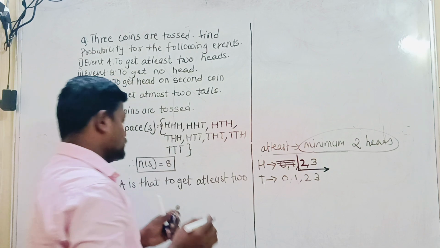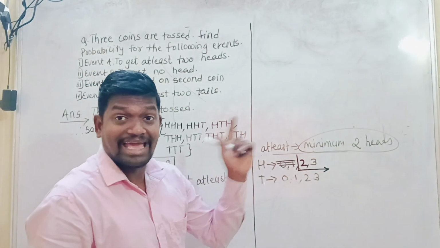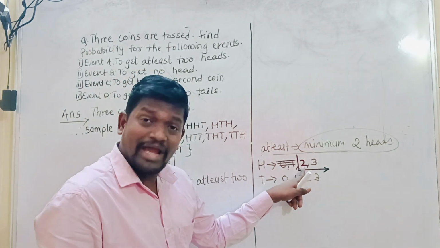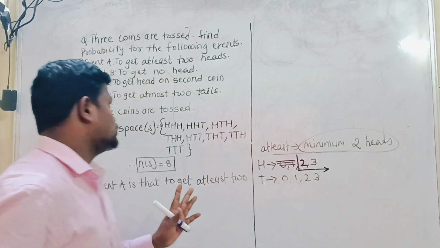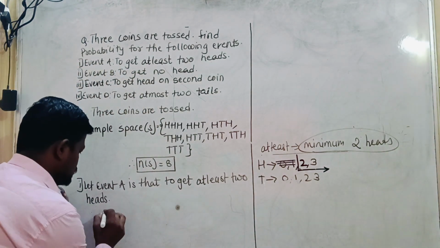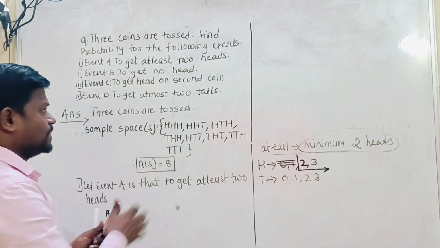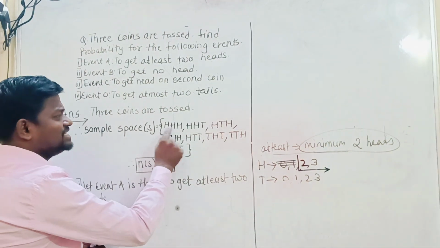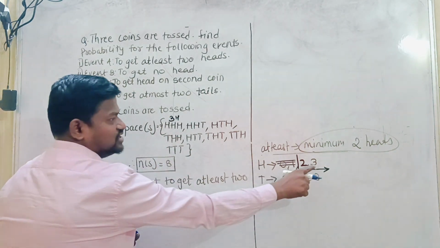We look in our sample space to find where we can get 2 heads or 3 heads, not less than 2. So write down event A. Here we find HHH, 3 heads, so this is in our answer.